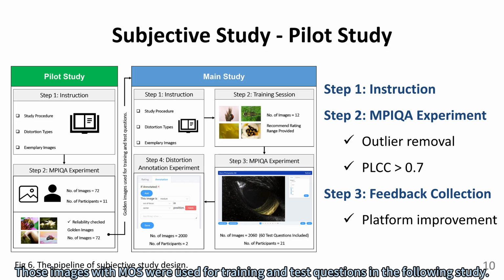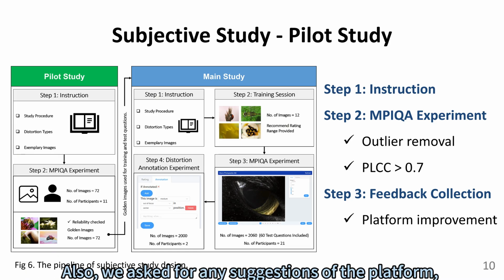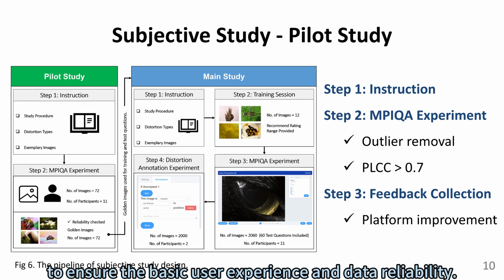Those images with modes were used for training and test questions in the following study. Also, we asked for any suggestions for the platform, to ensure the basic user experience and data reliability.